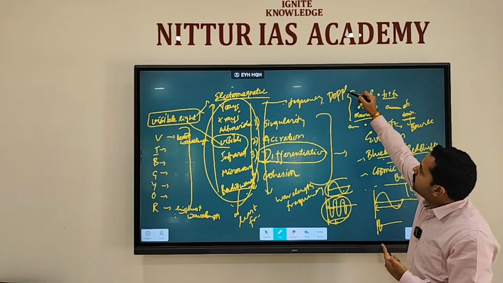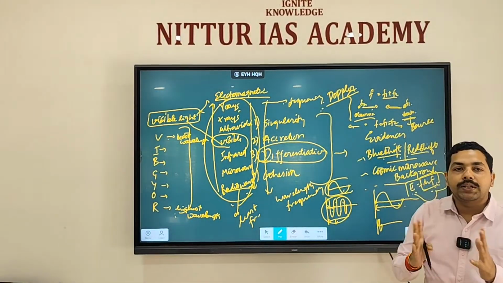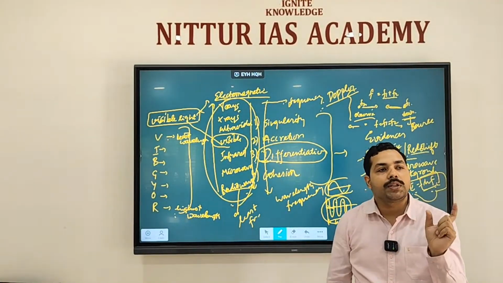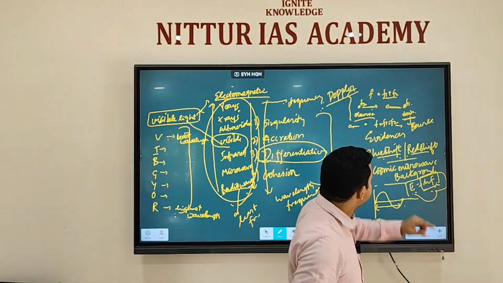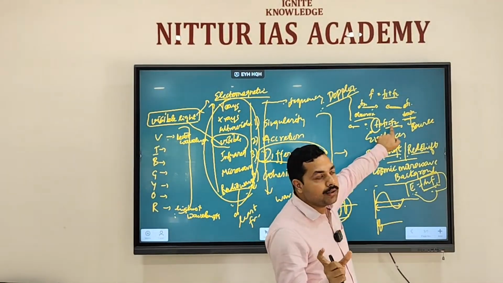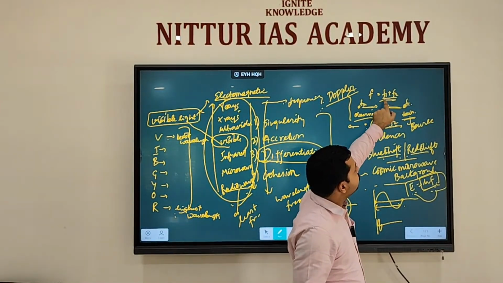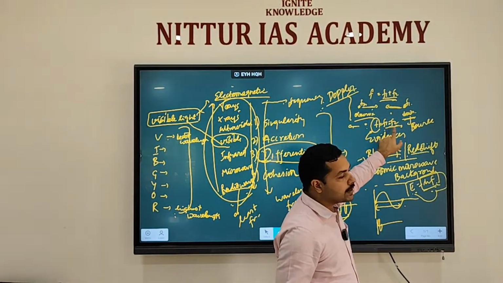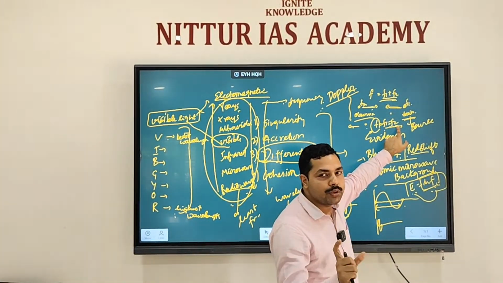You have studied something called the Doppler effect. The Doppler effect says there is an apparent frequency, which can be higher or lower. In this case it will be higher, and in this case it will be lower than the actual frequency.